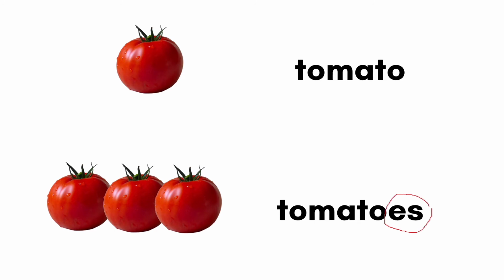That's right. So we call it tomatoes. We have to add ES. Just like the wolves just now, we add ES. Got it? Very good. Let's look at the next one.